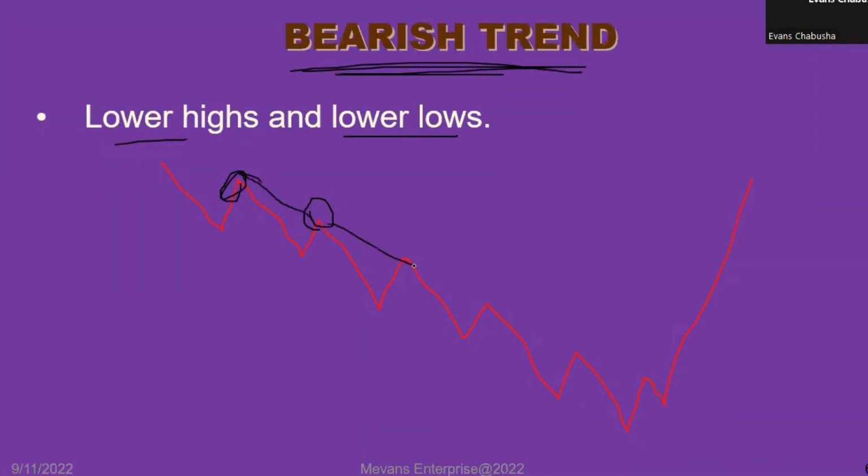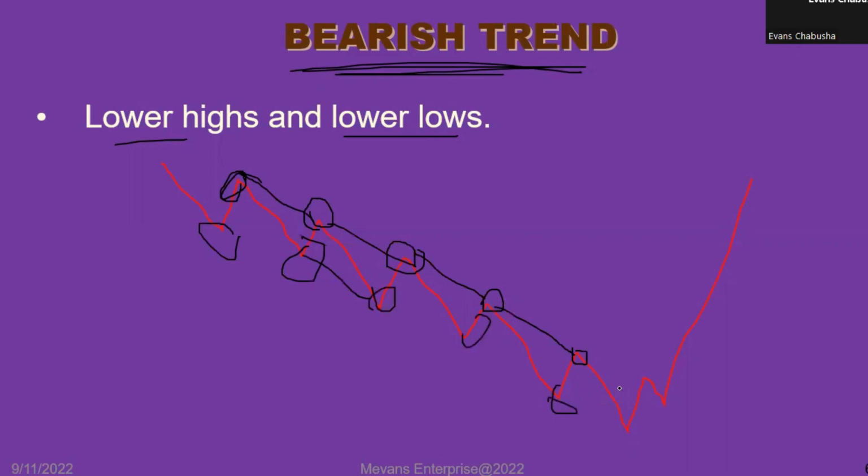The new one which is formed again will be lower than the previous high, and again, lower than the previous high. The same with the lows. This low and this one, the new one which is formed is lower than the previous one, just like that. Lower low, lower low, here you have lower low.